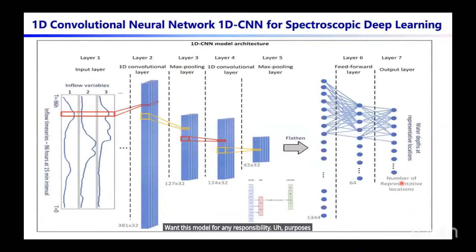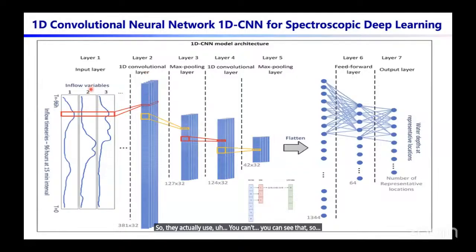Okay, here is an actual example of a 1D CNN published in a paper.